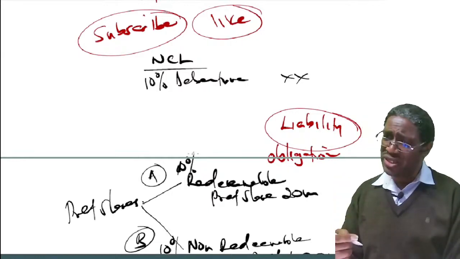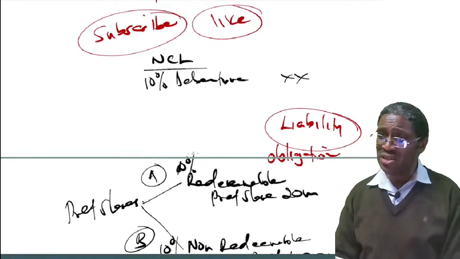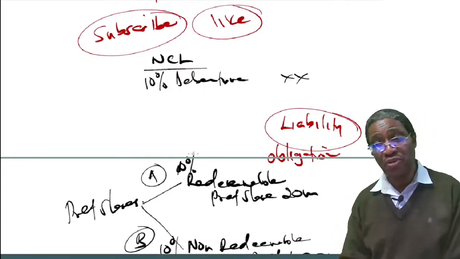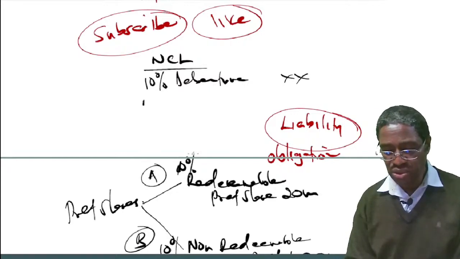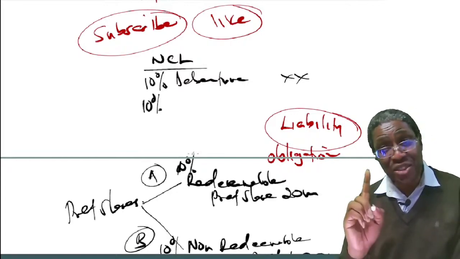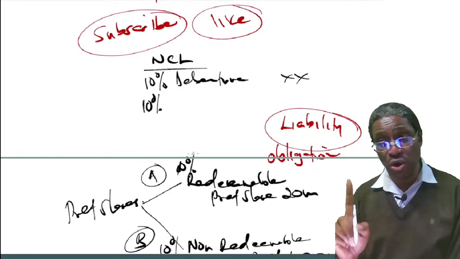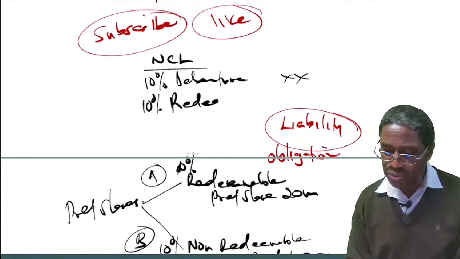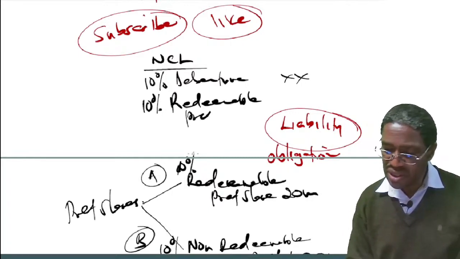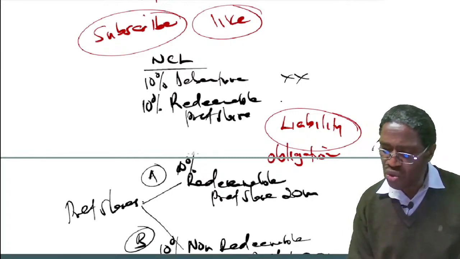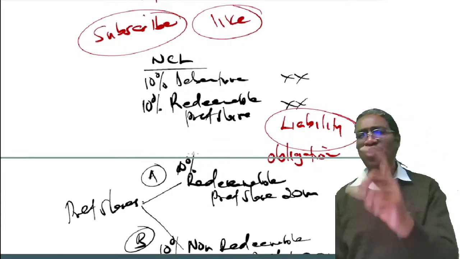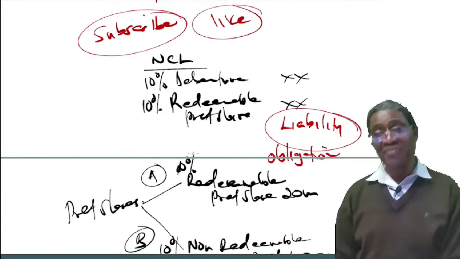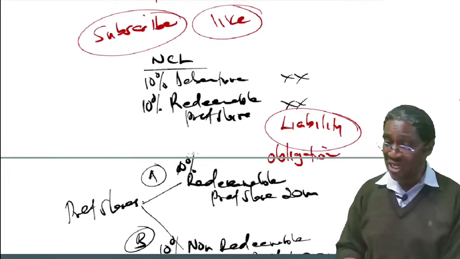Same now, we are bringing in this element of redeemable preference share. So we shall also have in your balance sheet, among the non-current or long-term liabilities, the 10% redeemable preference shares. Why? Because you as a company have an obligation to pay back that amount.